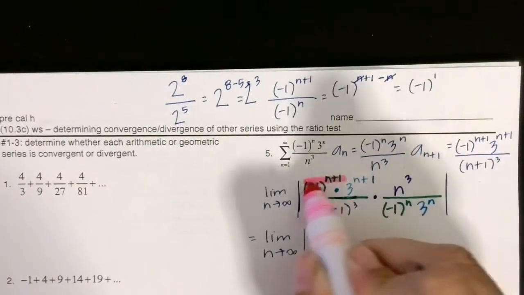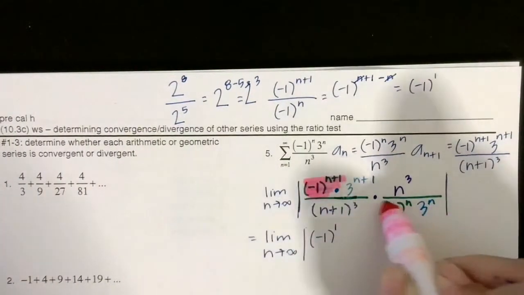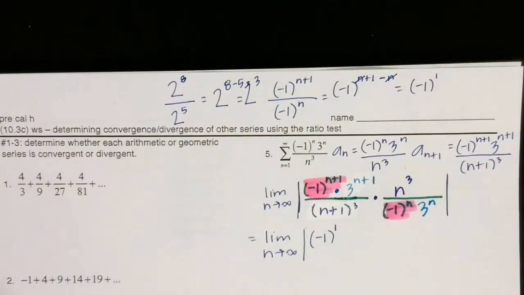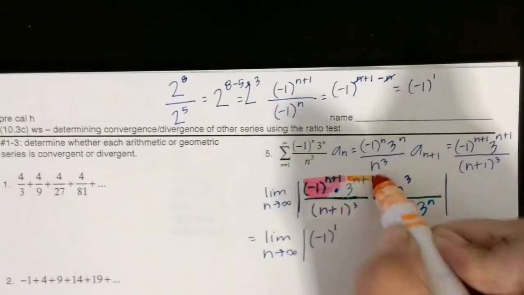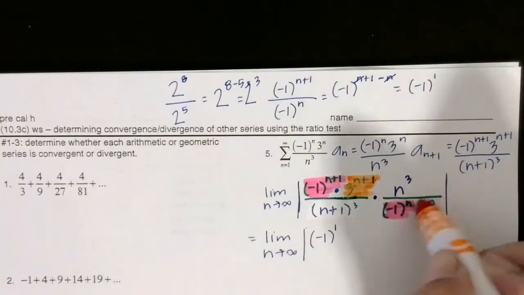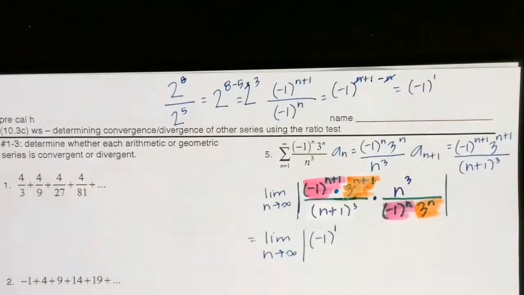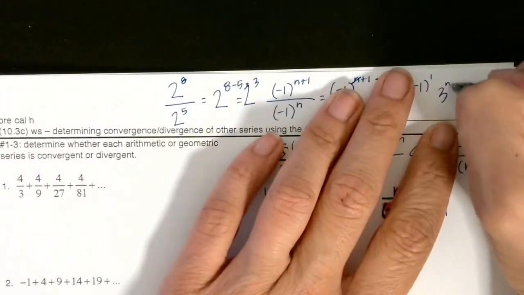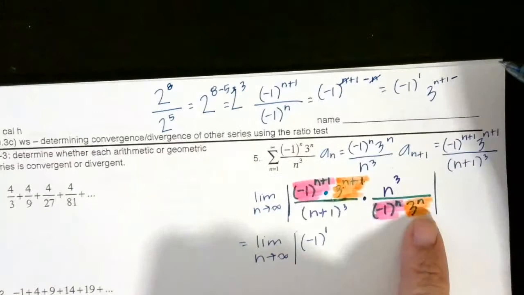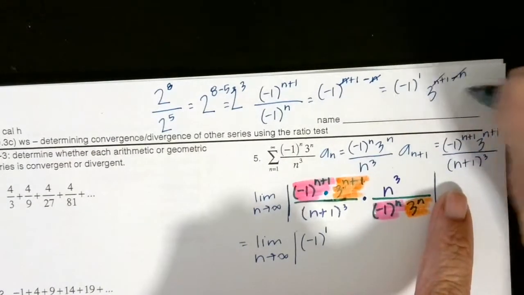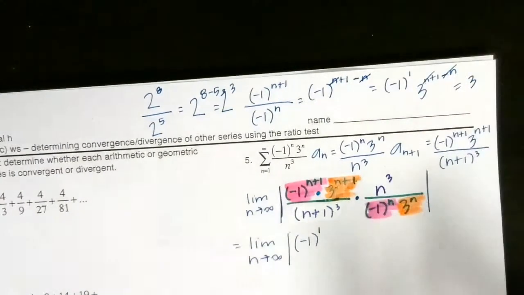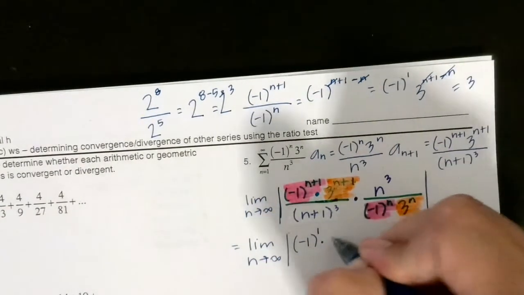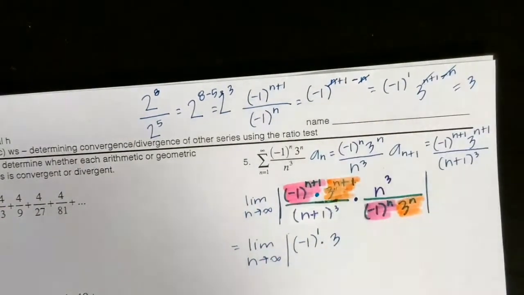So I took care of this, and I just start with the first term, so it's negative 1 to the n, and see if I can reduce it. And now I have 3 to the n plus 1 and 3 to the n. So using the same idea up here, if I have 3 to the n plus 1, it's going to be minus n, and again they cancel out, but this time what's different from your notes is the 3 is going to stay in the numerator.